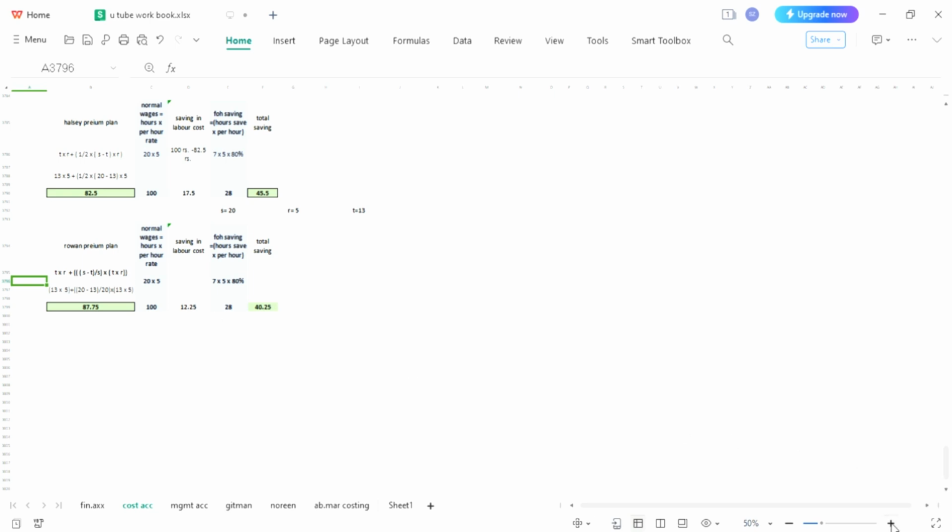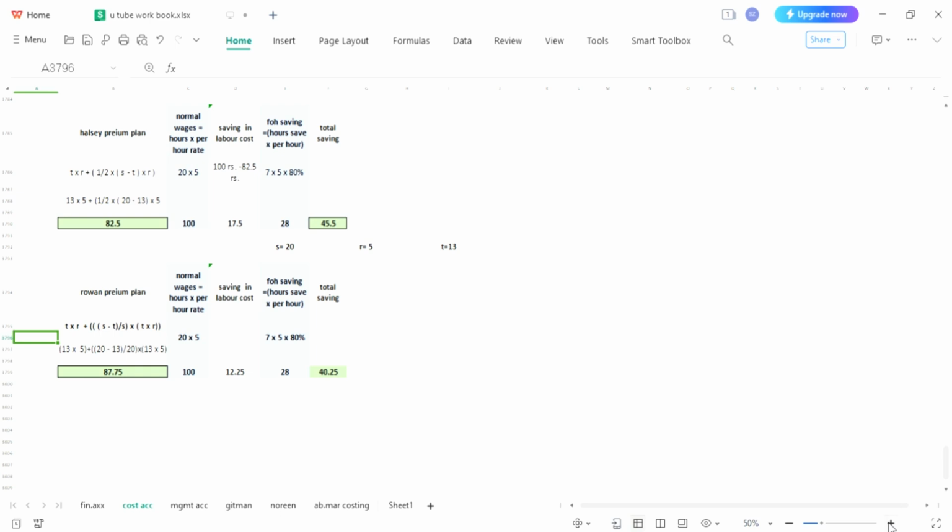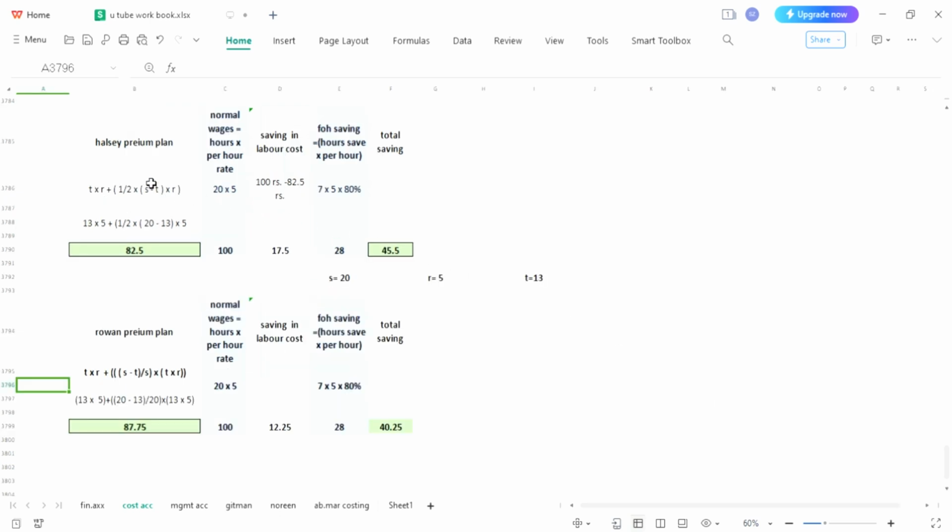And what was the comparative statement? You have made a comparison of Halsey with normal wages, then a comparison of Rowan with normal wages, and we have seen that Halsey is most fruitful for the manufacturing concern as only 82.5 has been paid instead of 100, and a saving of 28 through FH has also been made.